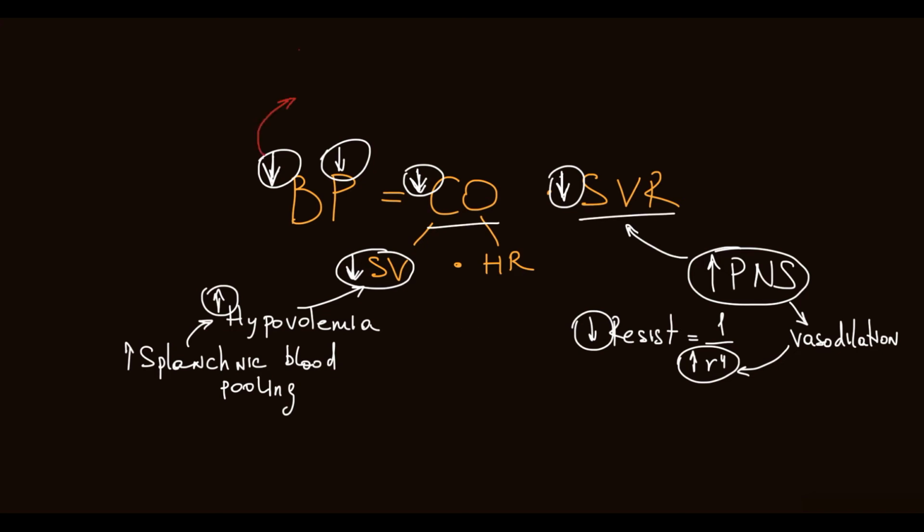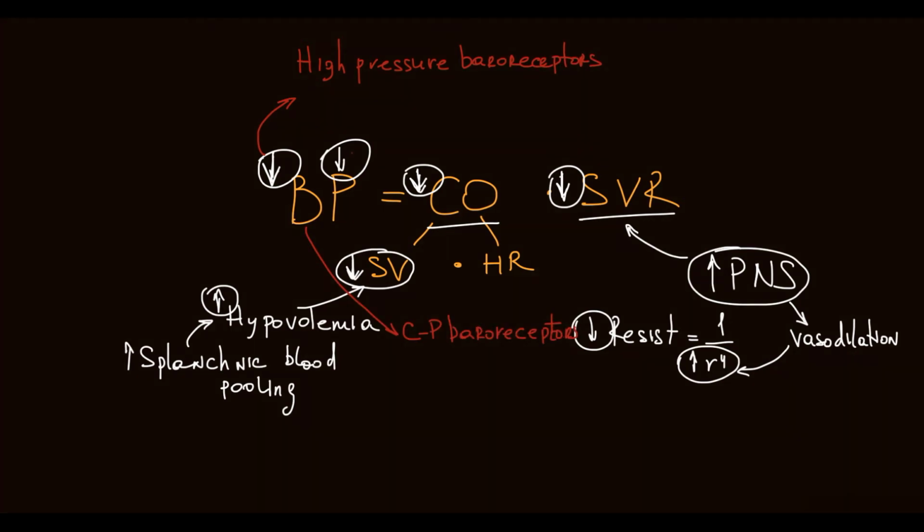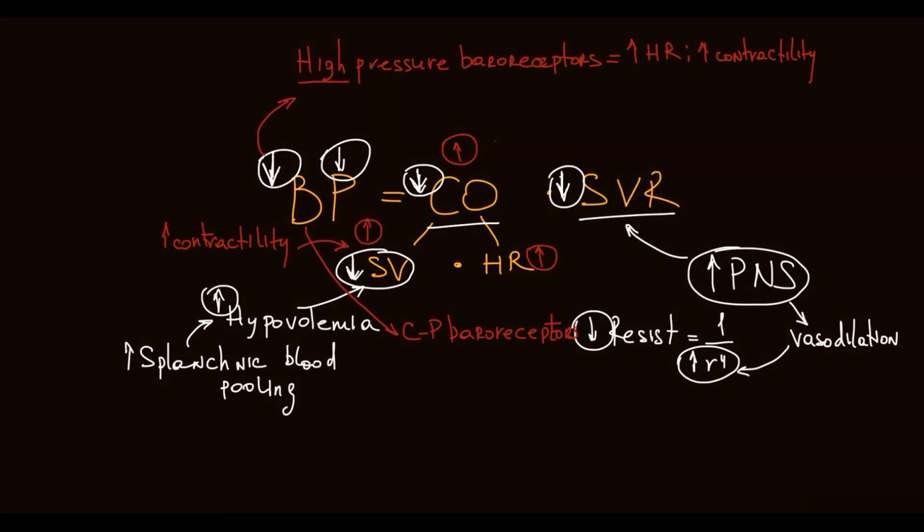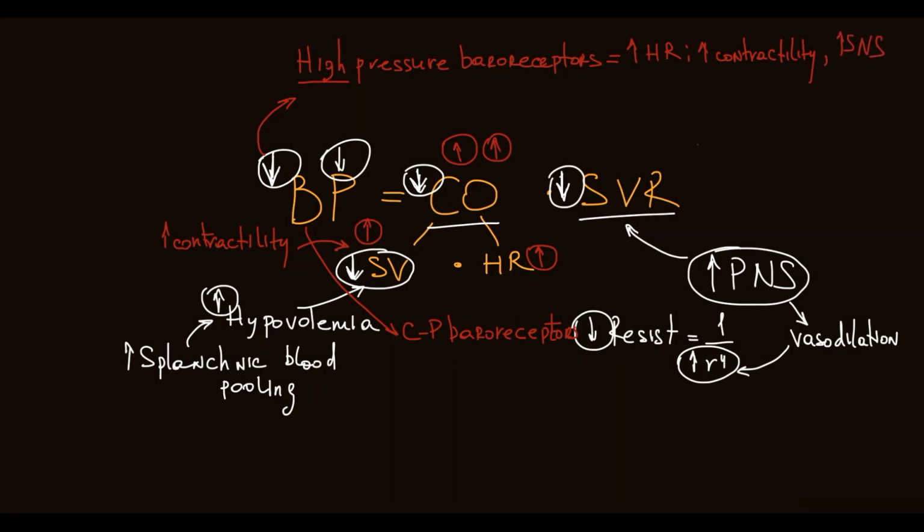And high pressure baroreceptors as well as low pressure baroreceptors, so-called cardiopulmonary baroreceptors, sense this fall in pressure and they react. High pressure baroreceptors cause increase in heart rate. By increase in heart rate, they correct cardiac output, also they increase cardiac contractility, that causes increase in stroke volume, that also causes increase in cardiac output, and they cause activation of sympathetic nervous system, and activated sympathetic nervous system causes increase in systemic vascular resistance.